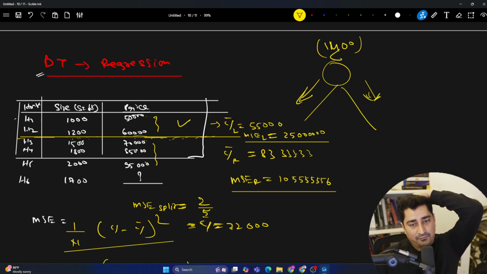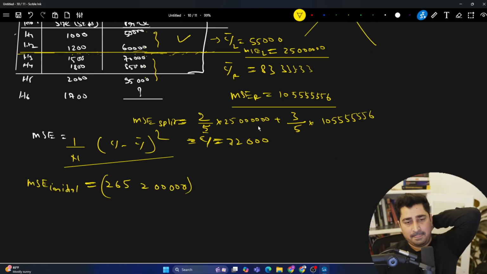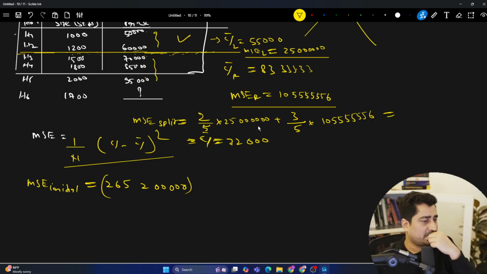So 2 by 5 of the left hand side, 25000000, plus 3 by 5 on the right hand side, where we have 3 data, into 10555556. Fine. So MSE for a split is nothing but left and right, both combined, and it's going to be 7333 and so on.